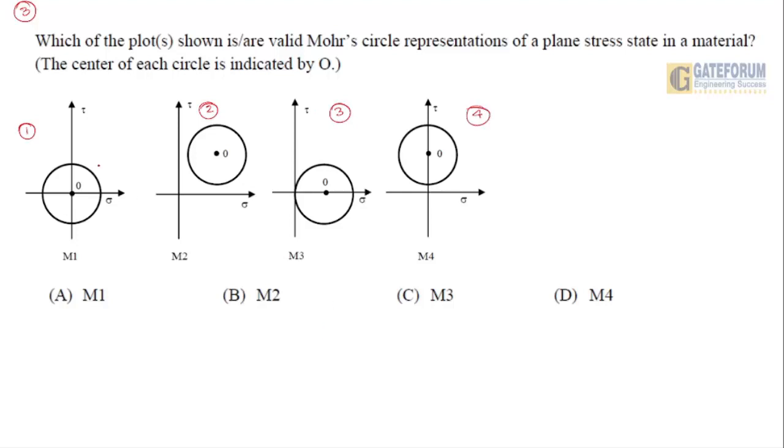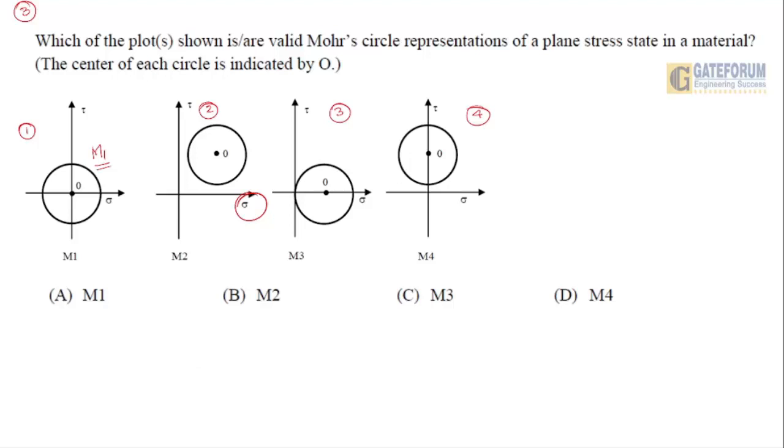In the first case, plane stress state where 2 stress components are there. So 2 equal and opposite stresses are there at M1. When coming to the second case, clearly the Mohr circle did not cut your sigma axis, the normal stress axis, so there is no stress component at all.